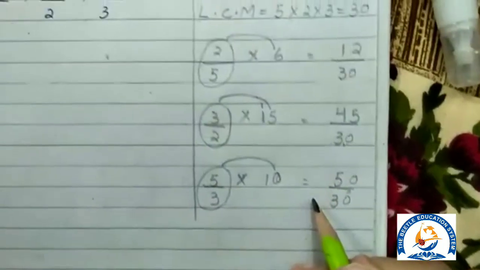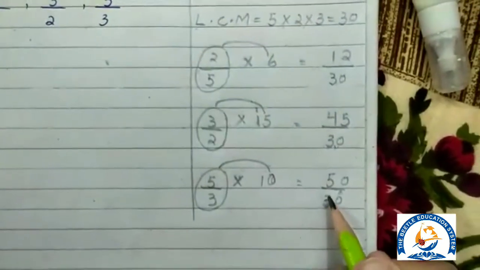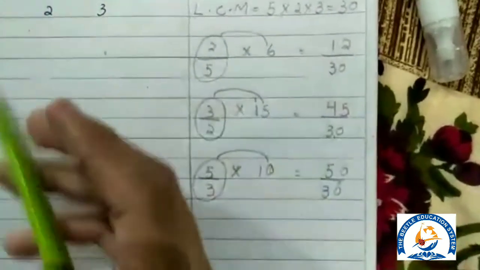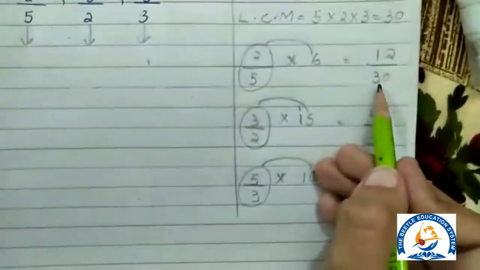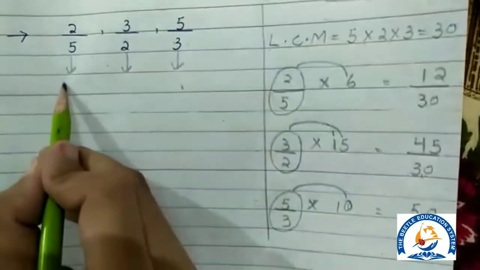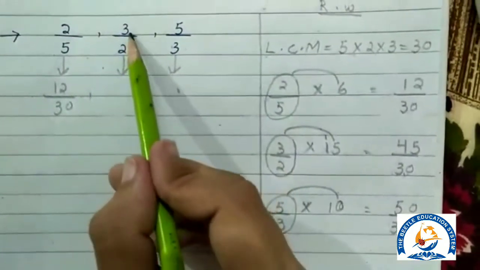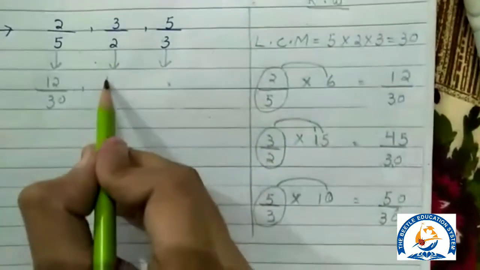Again, students, we have received the equivalent fractions of all the fractions we had in our question. The equivalent fraction to 2 upon 5 is 12 upon 30. The equivalent fraction to 3 upon 2 is 45 upon 30.